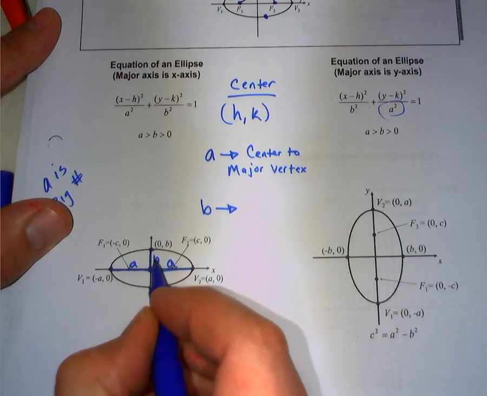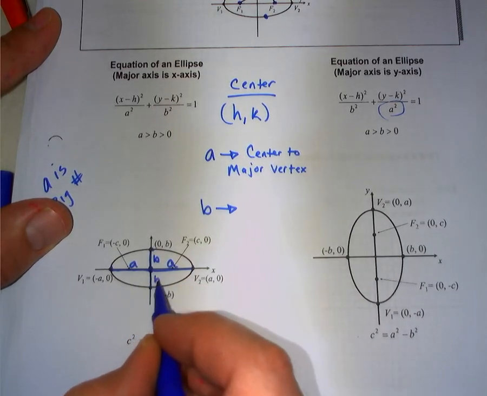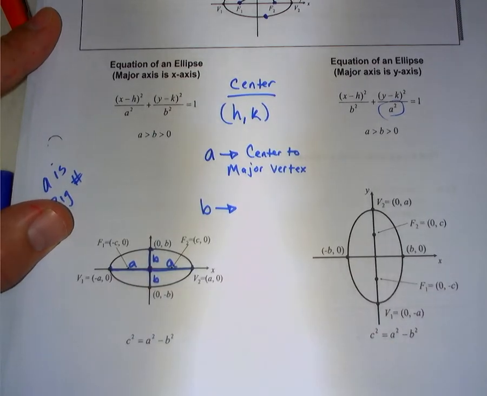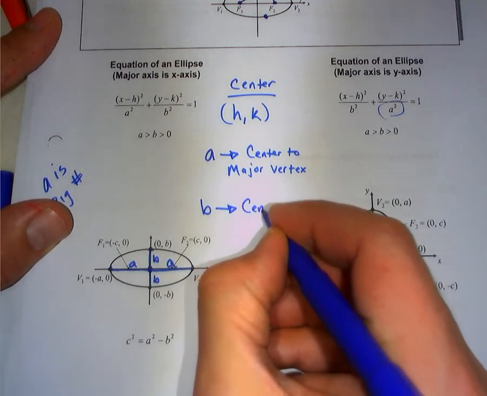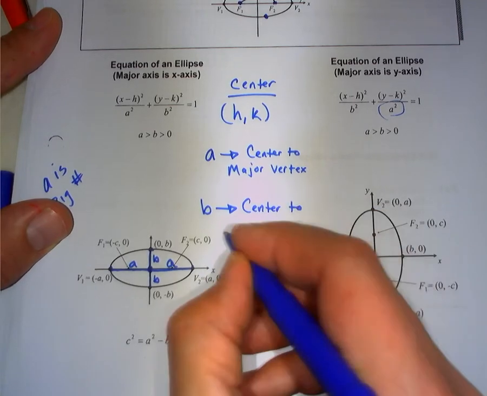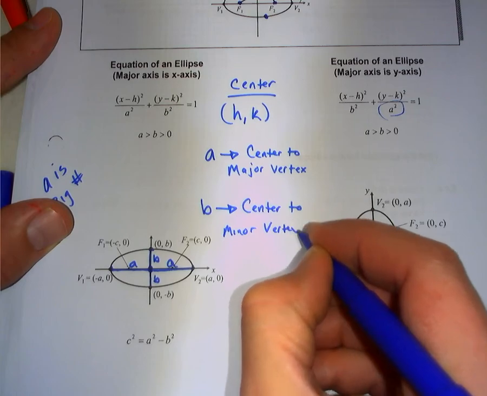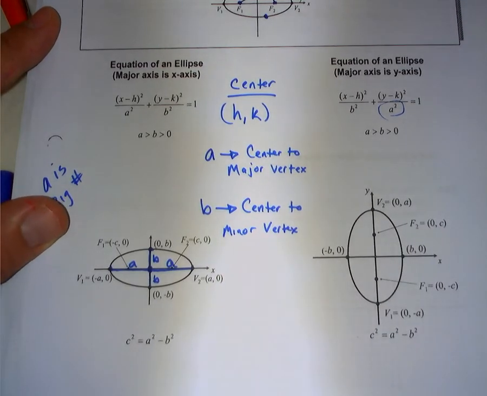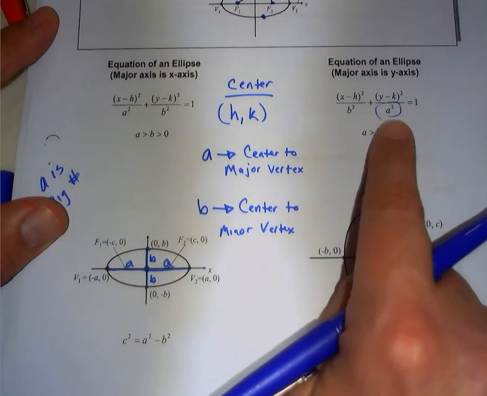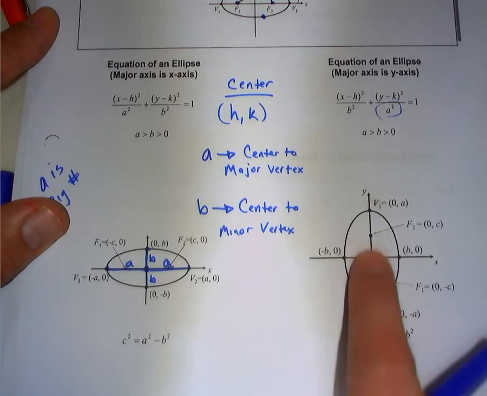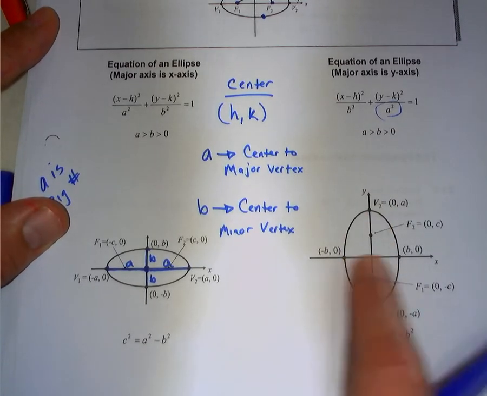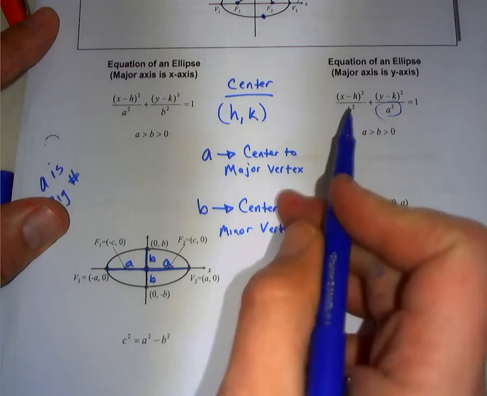It's on the minor axis, so up and down in this case. The b value is underneath the y, so we go up and down that b value. So again, that's from the center to your minor vertex. So on this one, the a is underneath the y, so we go up and down a, and we go side to side b because b is underneath the x's.